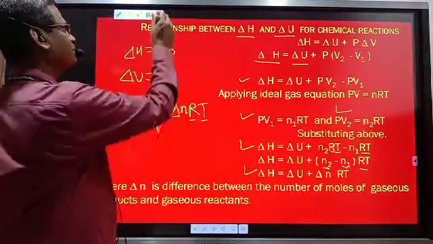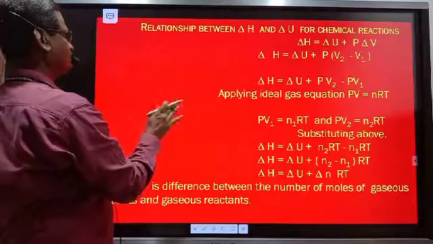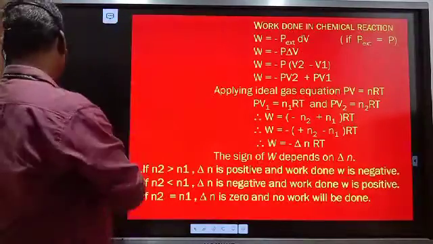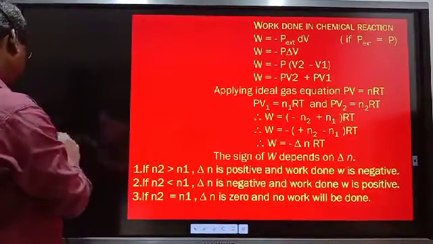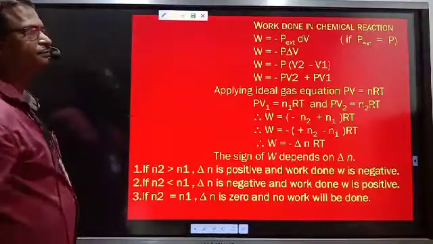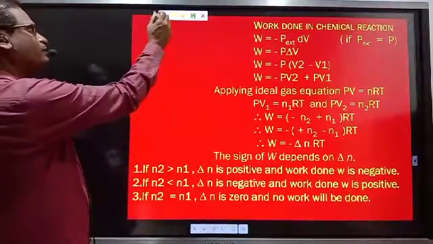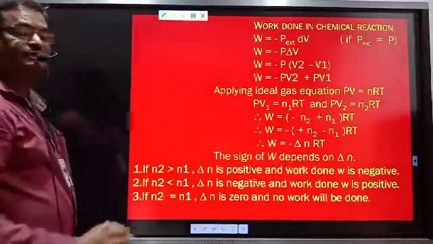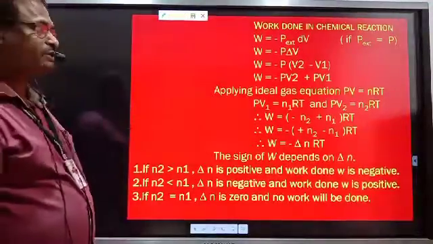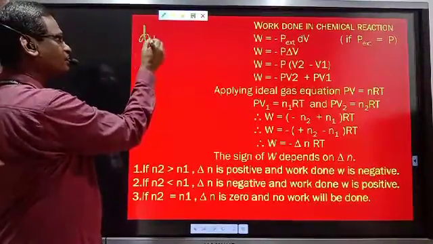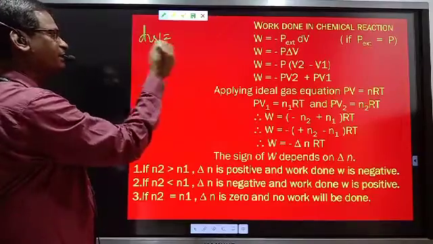That is the expression. One more small expression is there: work done in a chemical reaction. We have seen work done during processes, during the reversible isothermal process and during the irreversible process.